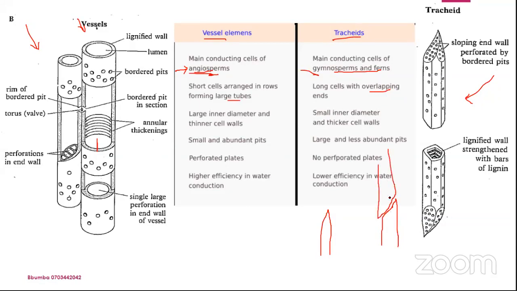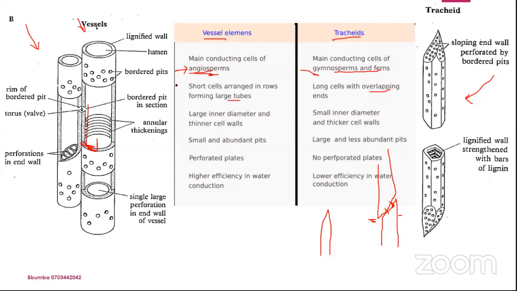You can see that this cell would stop here and this cell would stop here, but they overlap, meaning that this one extends almost into the other. That's what we mean by overlapping. But these ones don't overlap: the moment this cell ends here, another one begins. It continues like that.